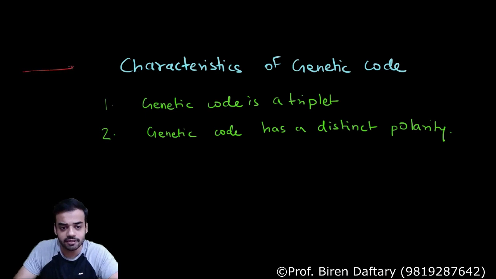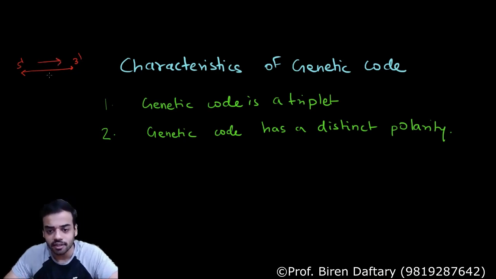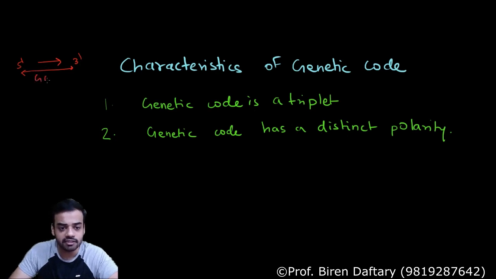So if this is your mRNA, then this is 5 prime to 3 prime, and we will always read it from this end. Distinct polarity means it is read only in one direction. It will not be read from 3 prime to 5 prime. If the codon over here is GCA, then it will always be read as GCA. It will not be read as ACG. So distinct polarity means that the genetic code is always read only in one direction, from 5 prime to 3 prime. Clear?